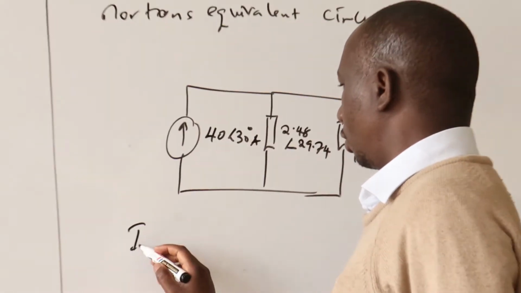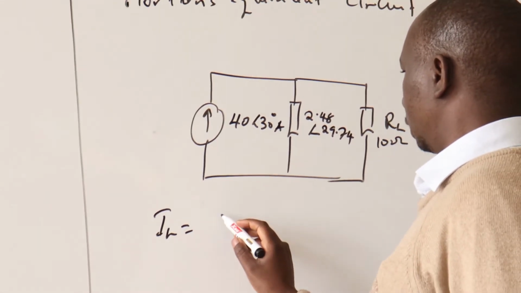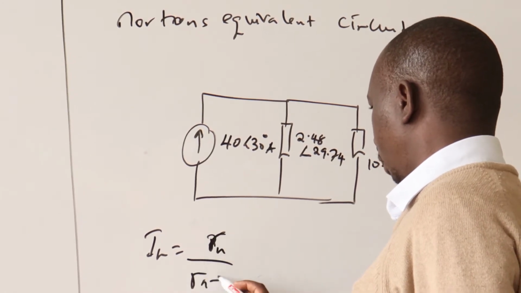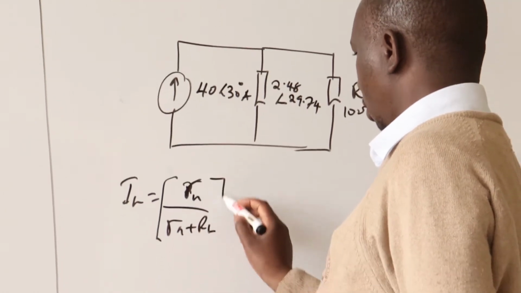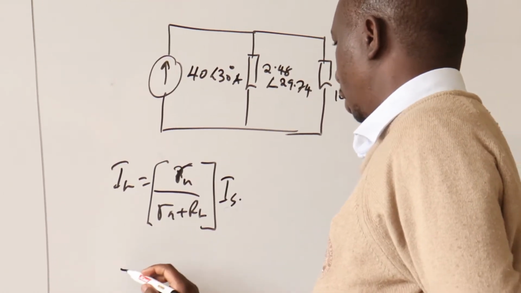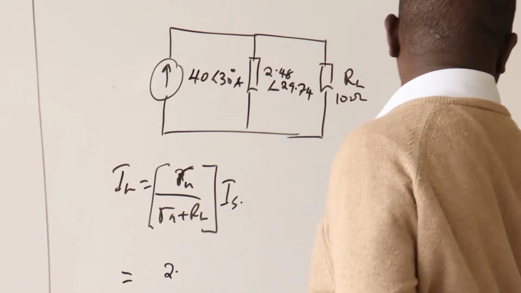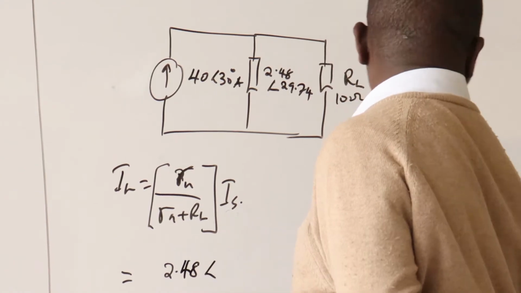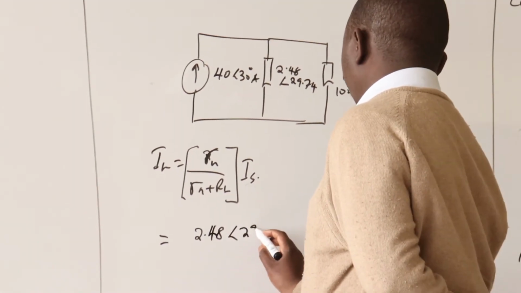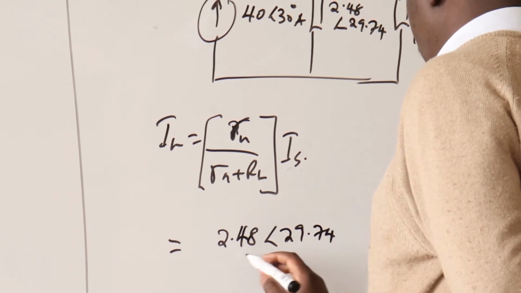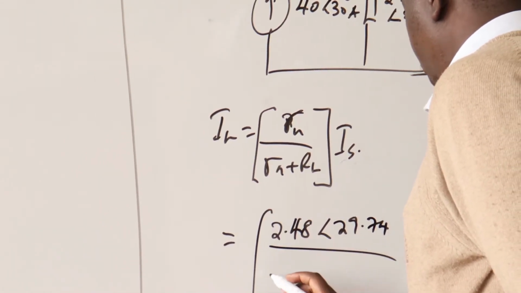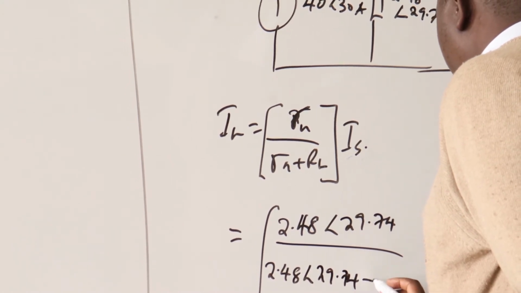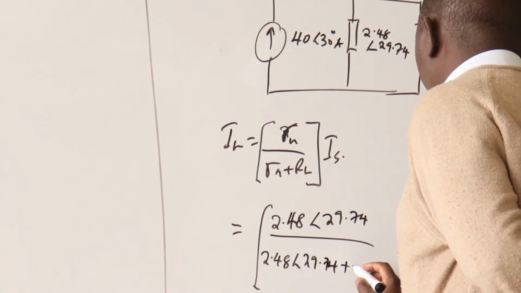So I of L, by the current divider, is R of N over R of N plus R of L, multiplied by I of SC. R of N is 2.48, the angle is 29.74, over the total impedance, which is 2.48 angle 29.74 plus 10.